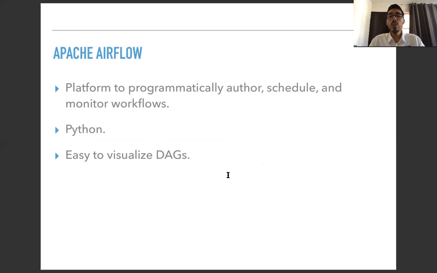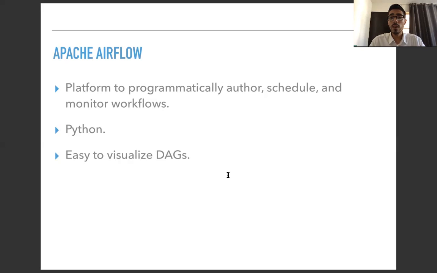So one system we use to manage these DAGs is Apache Airflow. Apache Airflow is a platform to programmatically author, schedule, and monitor workflows. It is written in Python, and it's really easy to visualize the DAGs. So basically, we write a script, and through Apache Airflow, we can specify how often we want to run this script that sets up and keeps running our data pipeline.